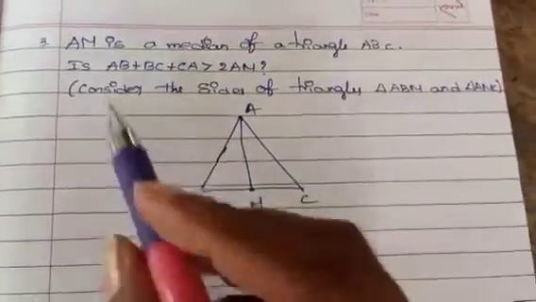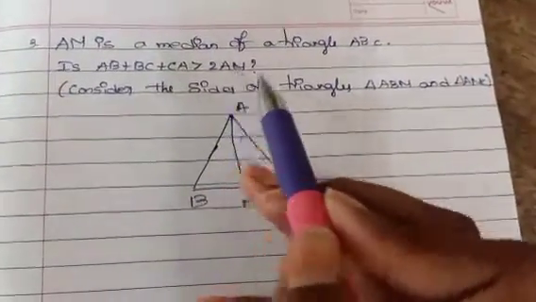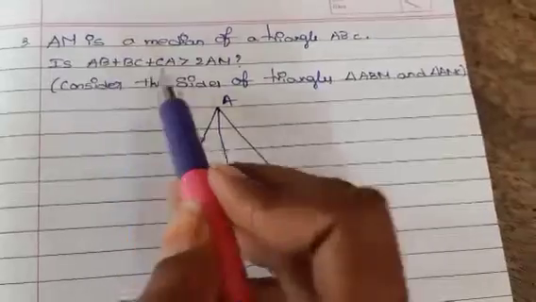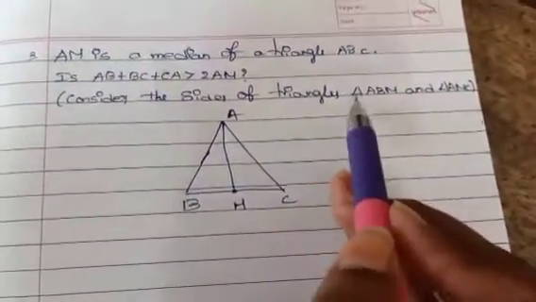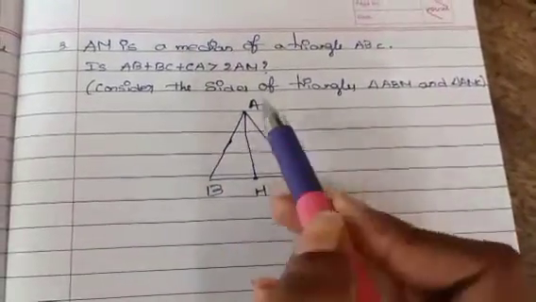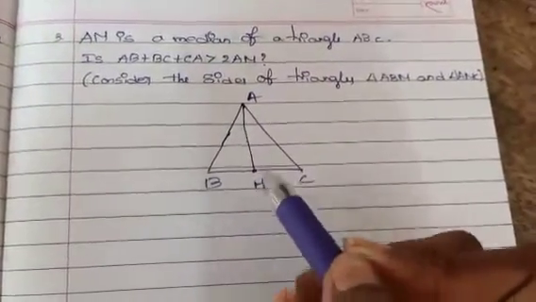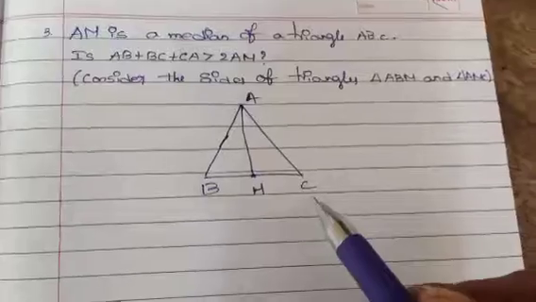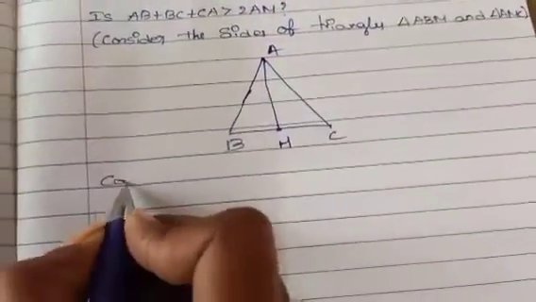What we have to prove is AB plus BC plus CA is greater than 2AM. Here again it says: consider the sides of triangle ABM and triangle AMC. First we will consider triangle ABM.